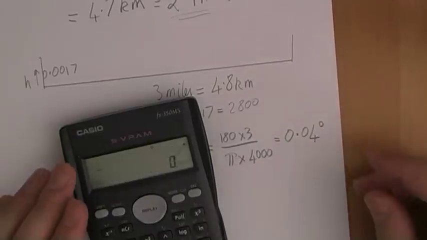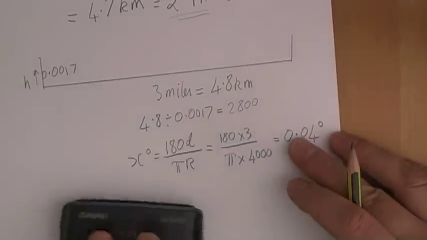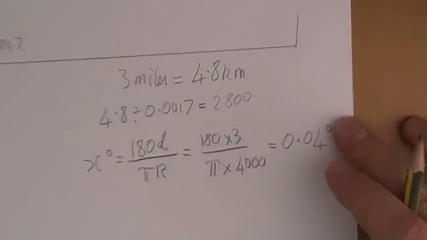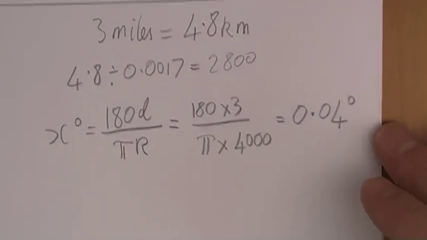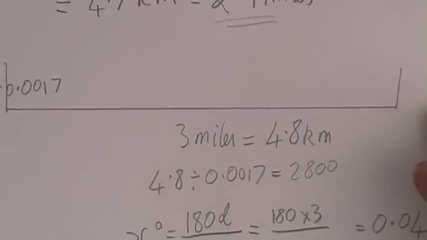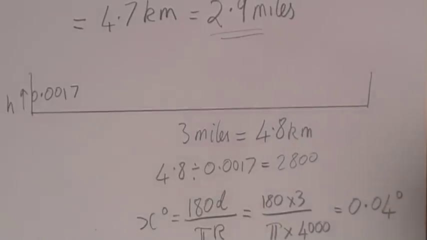That's less than a 20th of a degree. Okay, there's the maths. Less than a 20th of a degree. Two vertical structures, 3 miles apart.